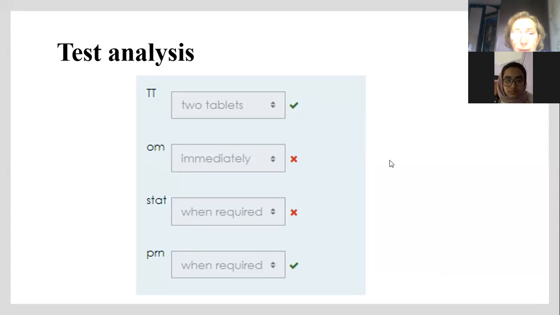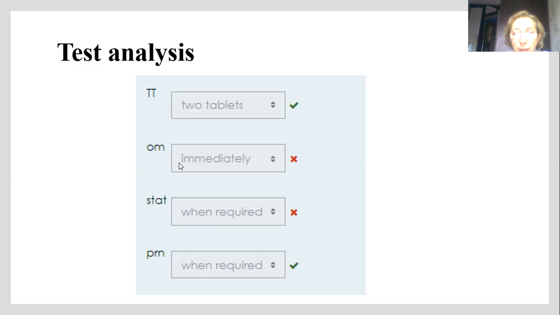I was surprised because the meaning was rather obvious. I mean, so TT to tablets or PRN when required, so there were two meanings, and it's impossible to use one and the same definition twice, when required. So it's clear that you should have chosen something different.